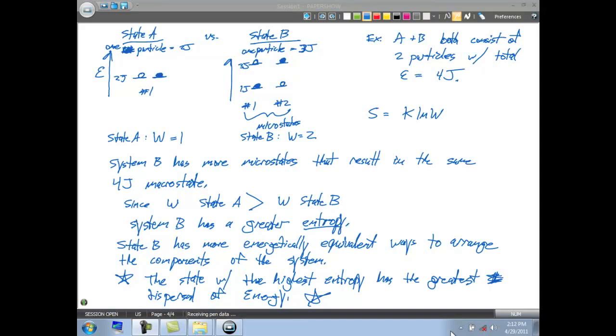And if you remember back from some of the chapters in Chapter 8 and Chapter 9, when we talk about Lewis structures and resonance structures, remember, resonance structures are structures that have the same energy, yet the electron distribution is spread evenly throughout that particular molecule. There's a term called resonance stabilization. This ties into the same exact concept that we look at here with entropy. Because if I have resonance, that means I have two structures that have the same energy.